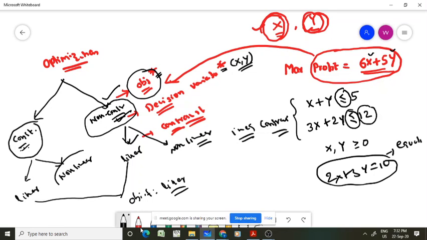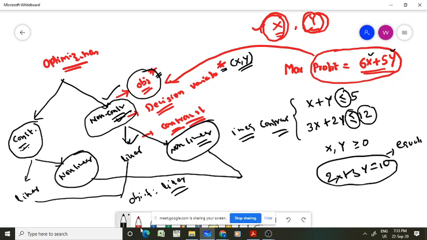And what about the non-linear optimization, either in the constrained or the non-constrained? Non-linear optimization means, in a non-linear optimization problem, your objective function is non-linear in terms of your decision variables.